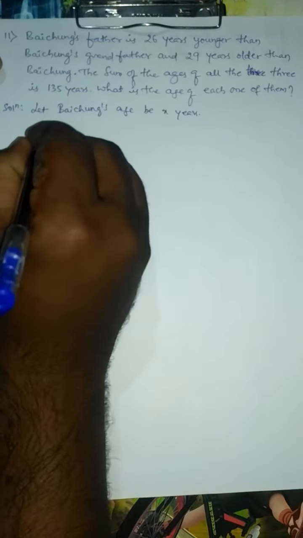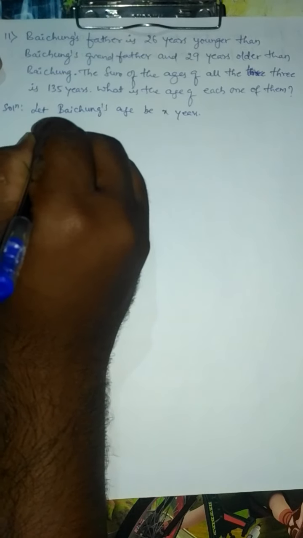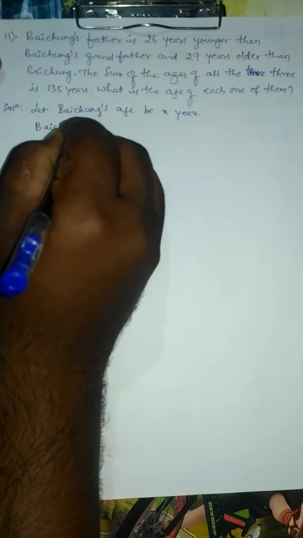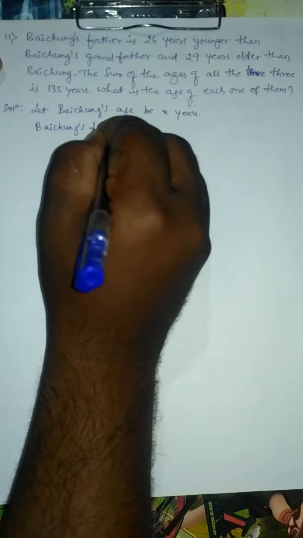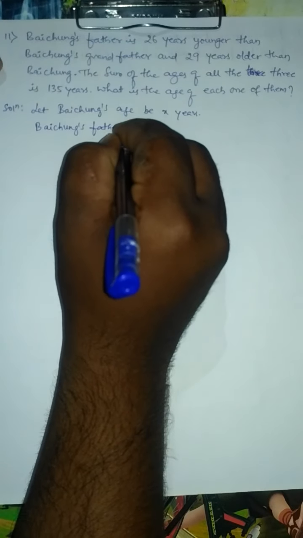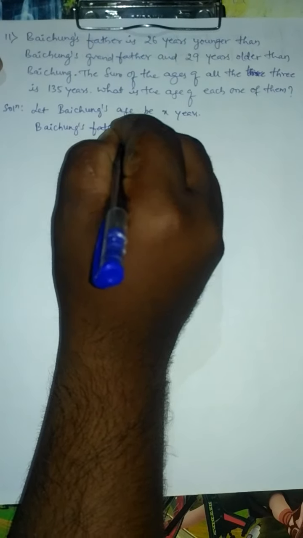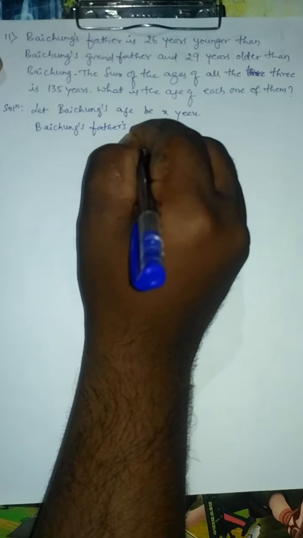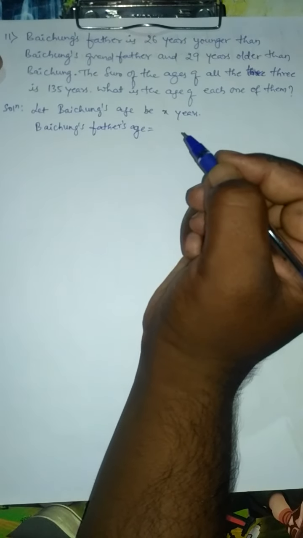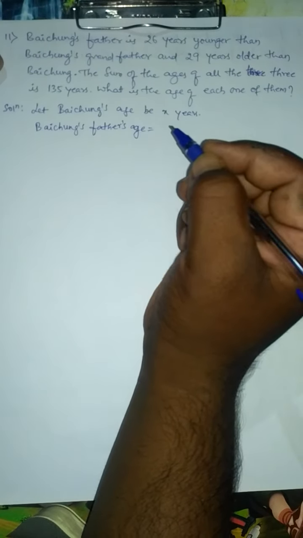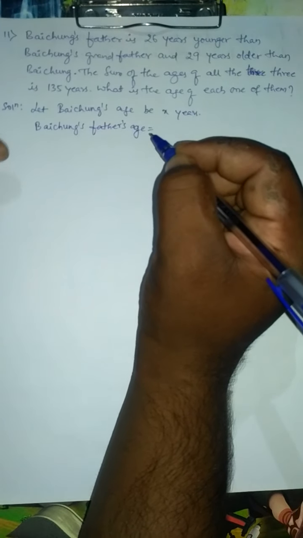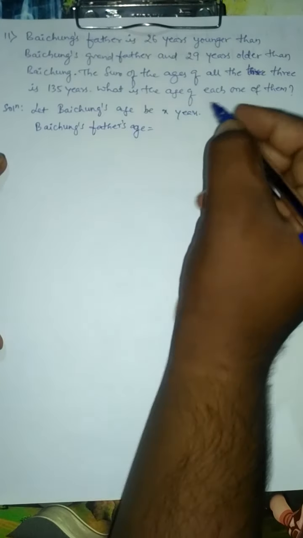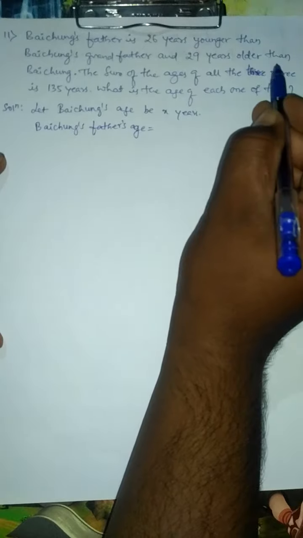So here Baichung's father's age. If you consider Baichung and Baichung's father's age, Baichung's father is 29 years older than Baichung.